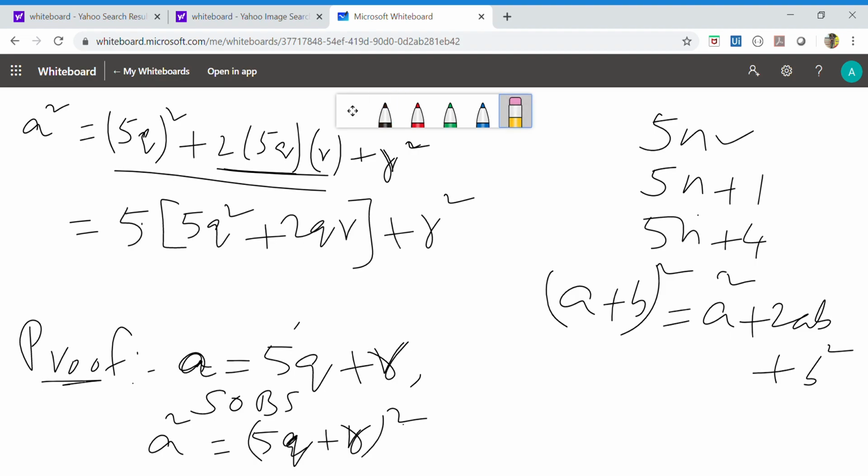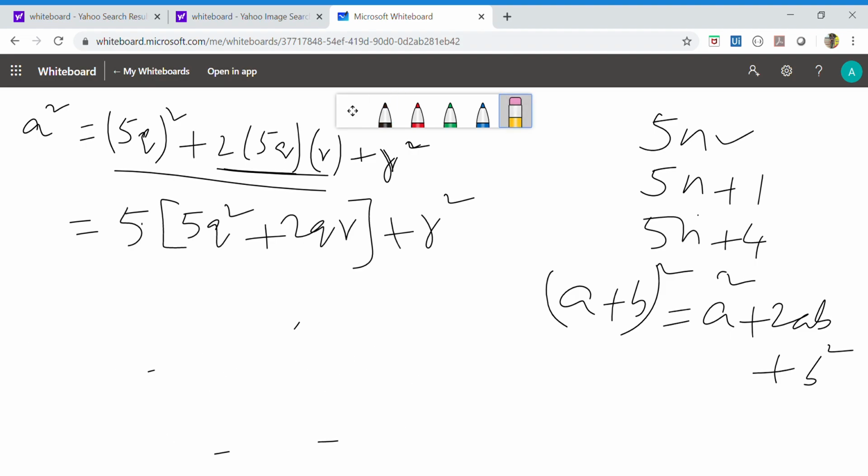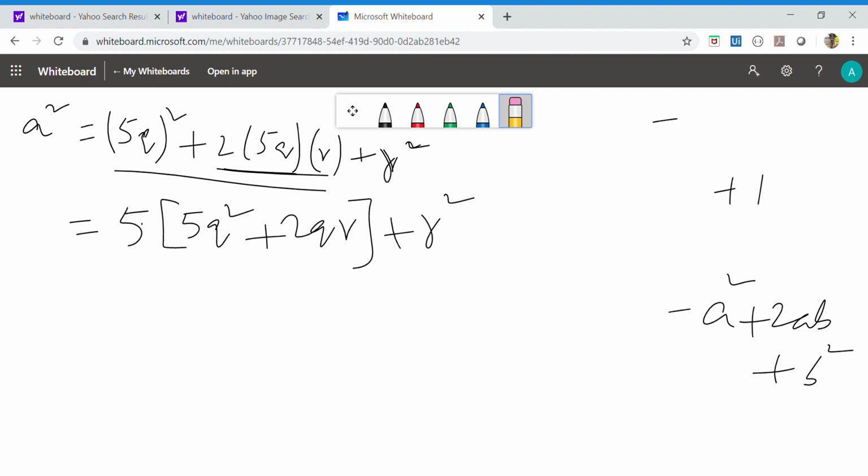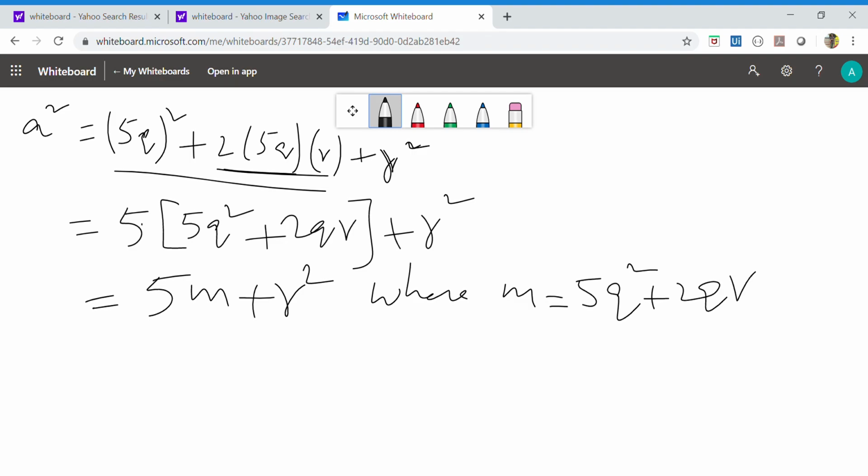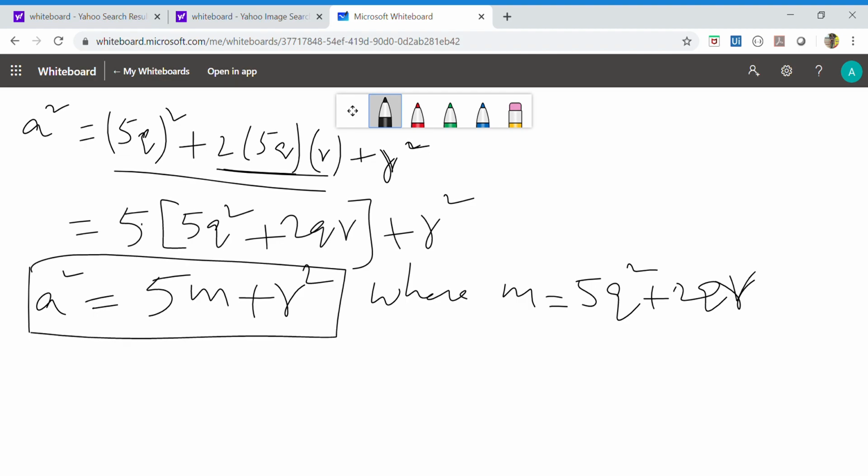So I am assuming 5q square plus 2qr as one integer m. So this becomes 5m plus r square, where m is equal to 5q square plus 2qr. Okay, so a square is in the form of 5m plus r square.